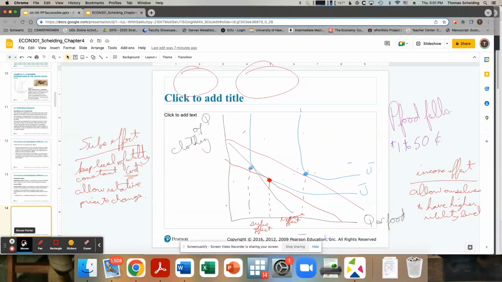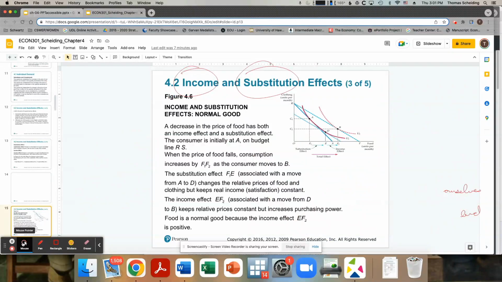Okay, so let's go to this graph right here. You can see a much cleaner drawing that we see the movement from A to B. Again, if we were to draw the demand curve, there would be A, and there would be B. But again, what we're doing is we're breaking down that change from A to B into the income effect and into the substitution effect.